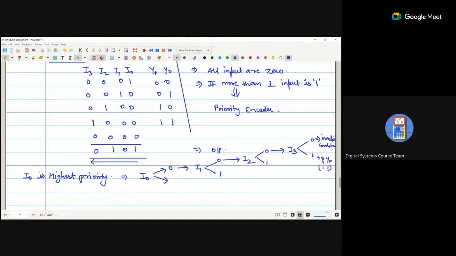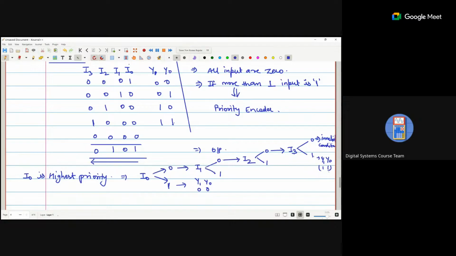But if I0 is 1, it directly puts Y1 and Y0 as 0 0. Why? Because I0 is the higher priority. If the I0 bit is 1, it doesn't move on to the lower priority. On the basis of the higher priority, it will set the output.